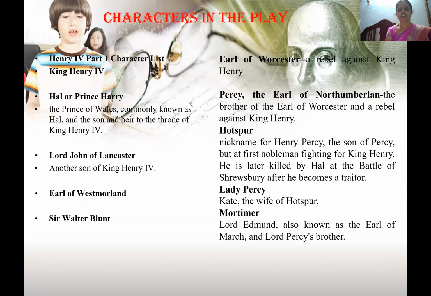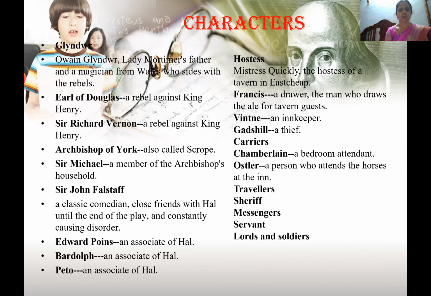He is later killed by Prince Hal at the Battle of Shrewsbury after he becomes a traitor. Lady Percy is Kate, the wife of Hotspur. Mortimer, Lord Edmund, also known as the Earl of March, and Lord Percy's brother. So these are the characters list.